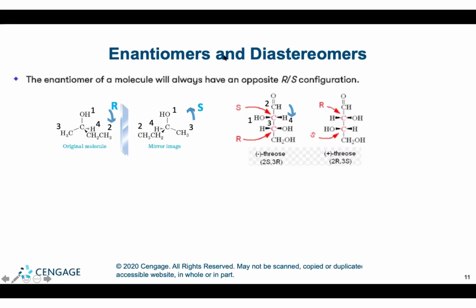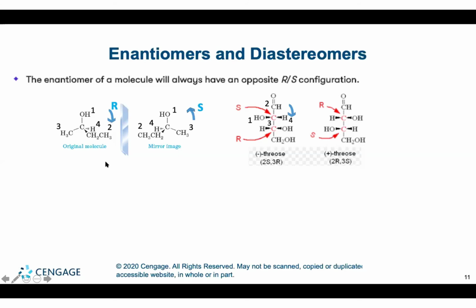As I said, enantiomers always have opposite R and S configuration. For example, if the left one is R, the right side is S. This is the chiral center I'm talking about. The left one has R configuration, the right one has S configuration.